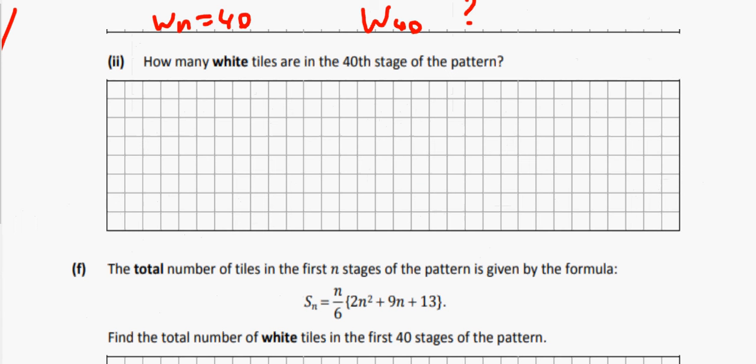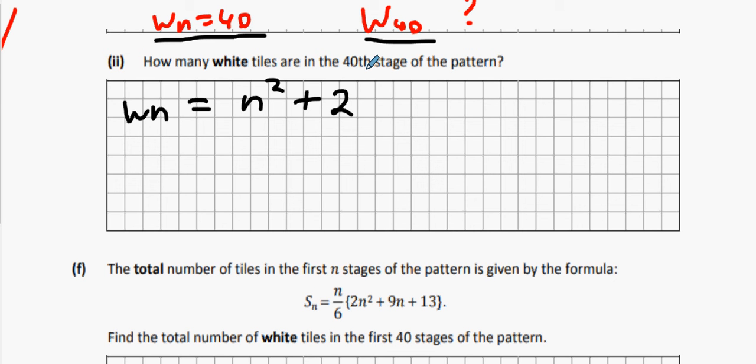Alright, question. Are we doing Wn equals 40 or W40? No. How many white tiles are in stage 40? Not how many white tiles there are in total in the first 40 patterns.